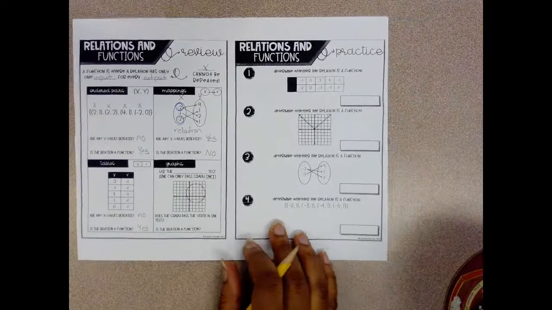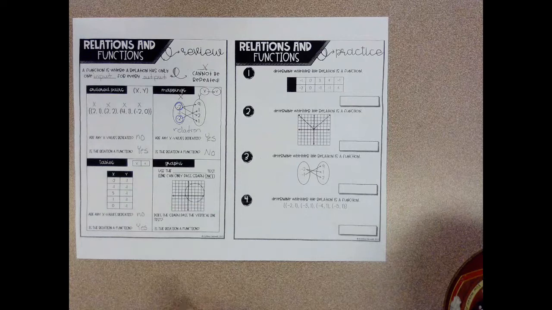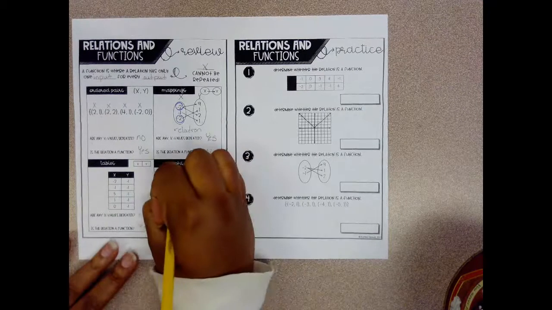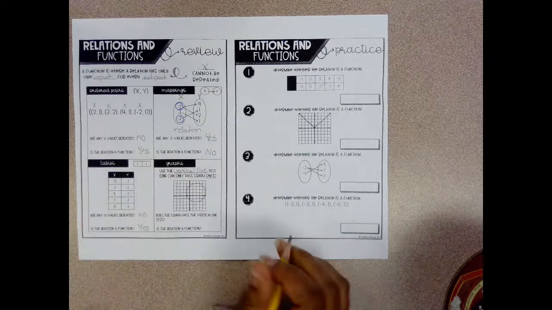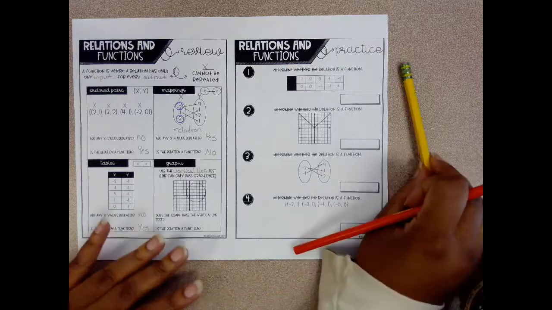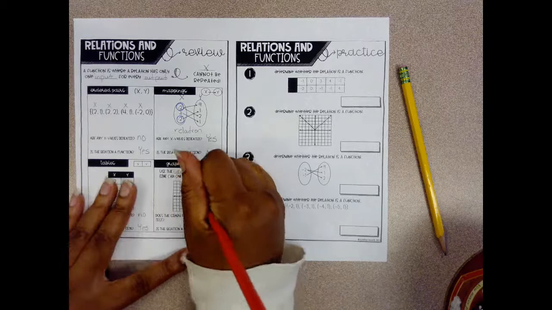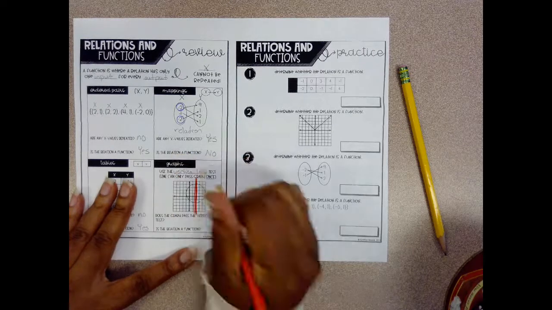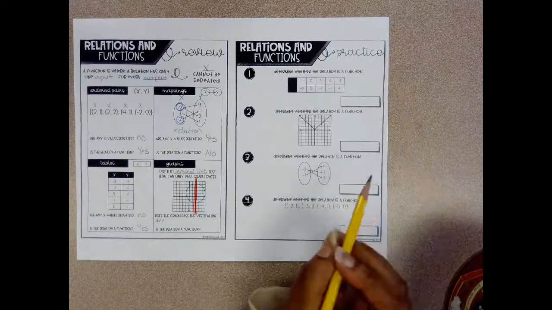And then from a graph. Here I have a graph of a circle. And Ms. Looney mentioned it earlier, but we're going to use something called the vertical line test. Basically, if I can draw a vertical line through my graph, there's my vertical line.